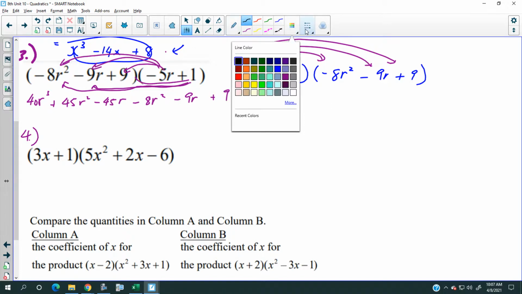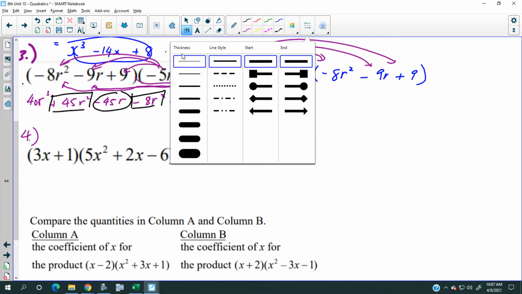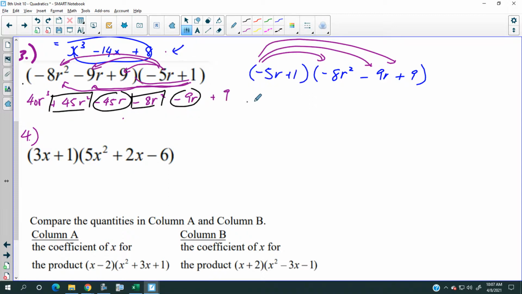All right, let's find the like terms. Same family, same family, same family, same family. Now, what does that mean? That means I'm gonna write it over here. 40R to the third, all right, 45 minus 8, what is that, 37?